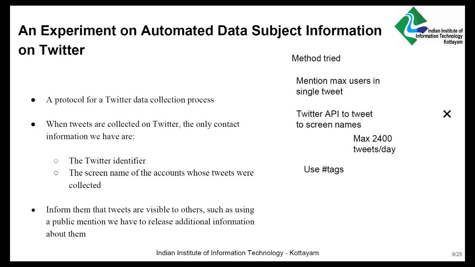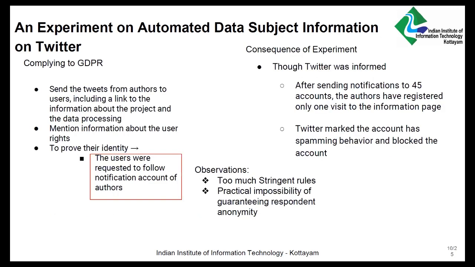So they started collecting the data by informing the Twitter recipients that their data is being collected. But Twitter blocked them and they could only send around 2,400 messages or so telling users that their data is being collected, because there was a limit that Twitter had kept. So finally, they had to drop this experiment.